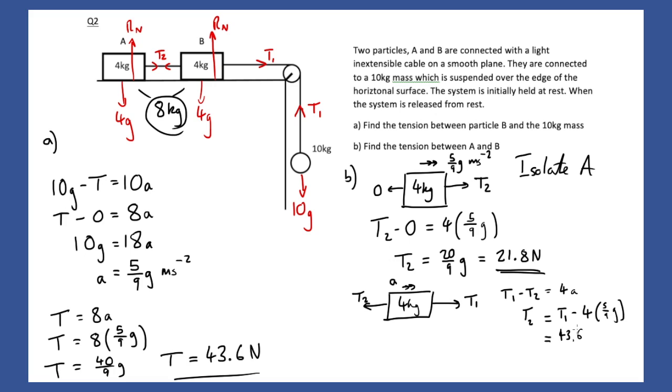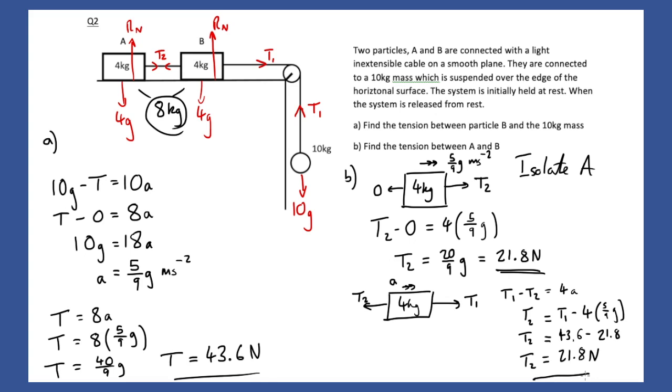T1 is 43.6. This is 21, isn't it? 21.8. So therefore, by doing it this way, I get the answer of 21.8.